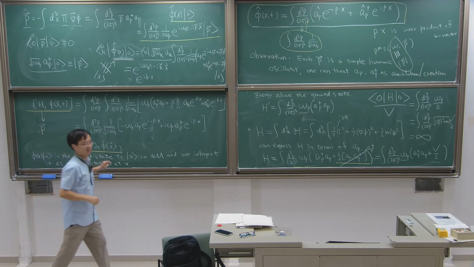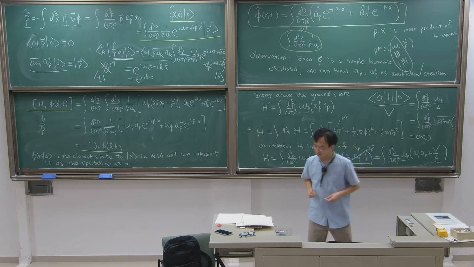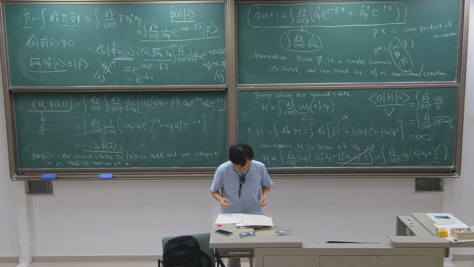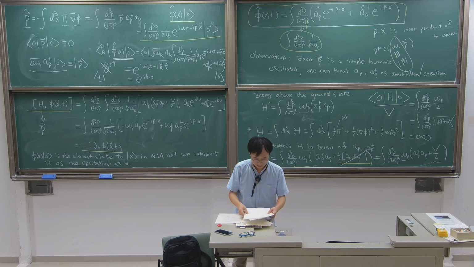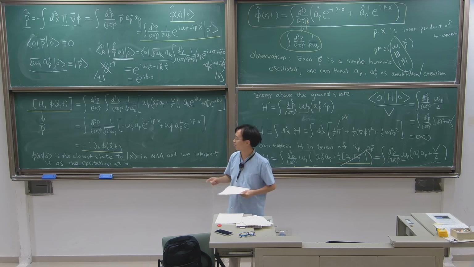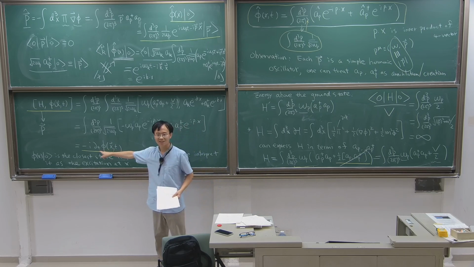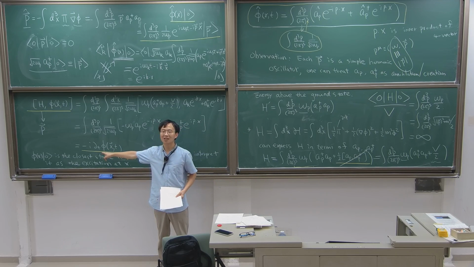So we just arrived at some conclusion here, and we claim that this means the H can generate the time translation. Clear? But maybe for most of you, this is not manifest enough. To make it manifest, let's try to solve that differential equation. This is a differential equation. You see, there's a derivative with respect to t, right?